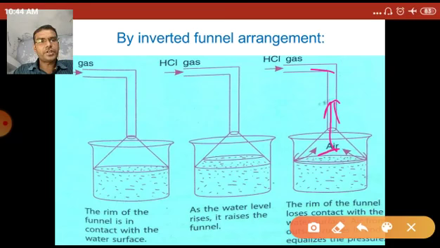When the saturation stage is achieved by the HCl gas in the water, that condition is called concentrated hydrochloric acid. And the concentrated or saturated hydrochloric acid is approximately 36% by weight.